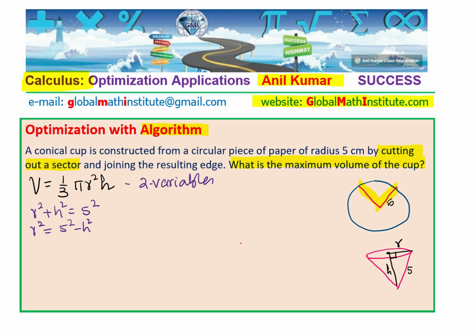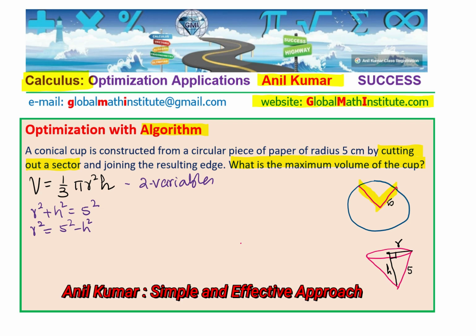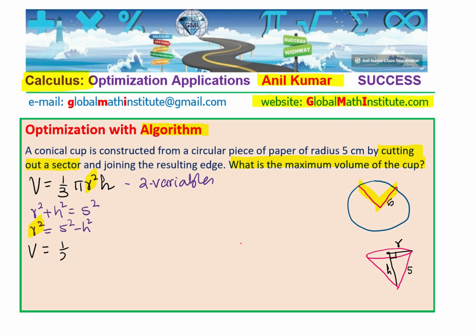Perfect. So why did we write r square? We could have written h square, then there would have been square root. In the formula you see, we have r square. So it's better to write in terms of r square. Simpler equation to work with. Very important, right? And clearly, now we could rewrite the volume as 1/3 pi.